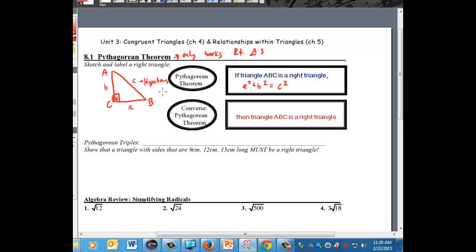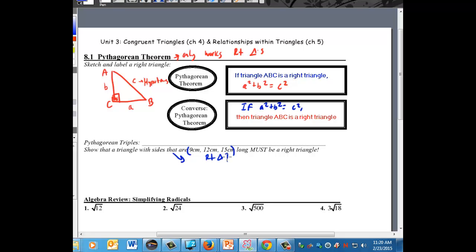And then it's also true with its converse, that if we work backwards and say a squared plus b squared equals c squared, then the triangle is in fact a right triangle. So we're going to use the converse theorem for this problem and see if we can prove that 9, 12, and 15 form a right triangle.